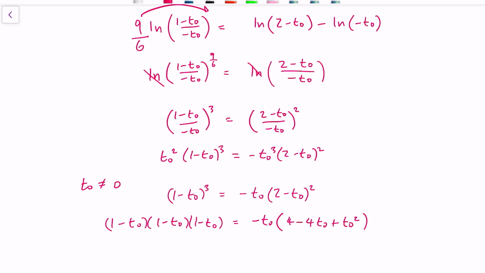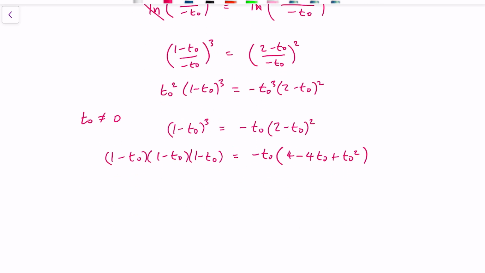At this stage I probably have dropped the T naught and just carried on writing time. Okay, so 1 cubed is 1. We've got minus T naught times 1, 3 of them. And we've got minus T naught, just 1 of them, on the left-hand side.